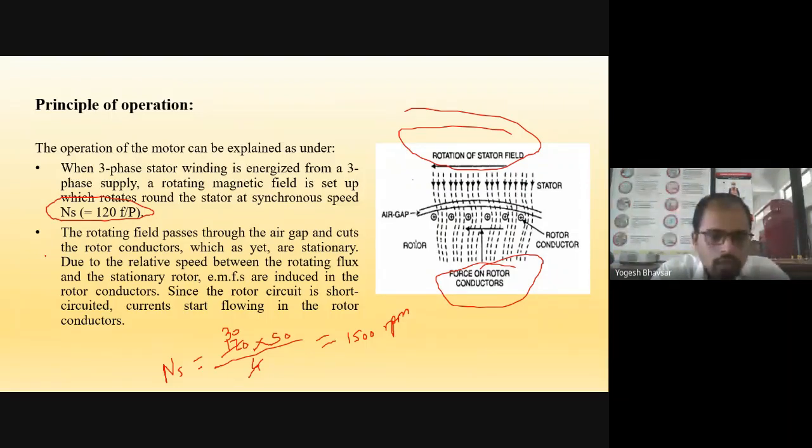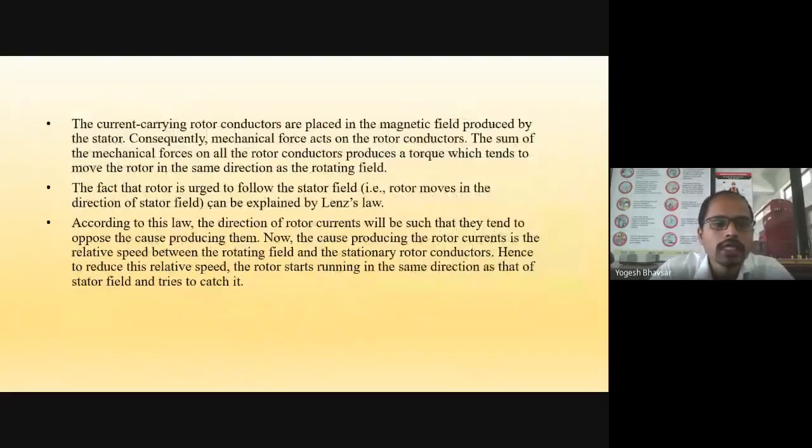Since the rotor is short circuited, that means there is a closed winding, so it will circulate currents in the rotor conductors. As the rotor conductor is carrying current, that conductor will produce a magnetic field around it, and consequently a mechanical force will be developed in the rotor conductors.